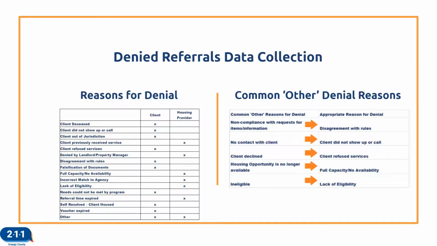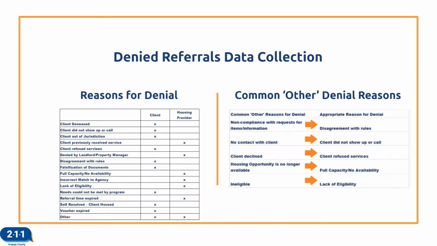And then on the right side of the screen, there are many clients where the reason for denial was other, and then the user entered more information on the reason for that denial. On the left of this chart is listing common reasons that were typed in by the user for why a client was denied a referral.